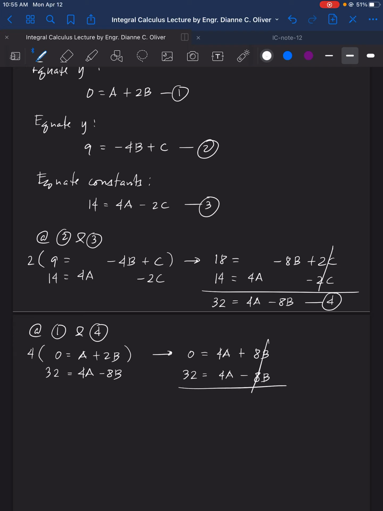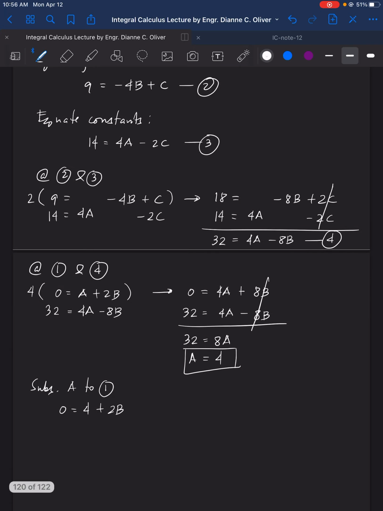Cancel out B. So what's left is 32 equals 8A. So we now have the value for A as 4. Now to get the value for B, we substitute A into equation 1. That is 0 equals A, which is 4, plus 2B. So we have here B is equal to -2.